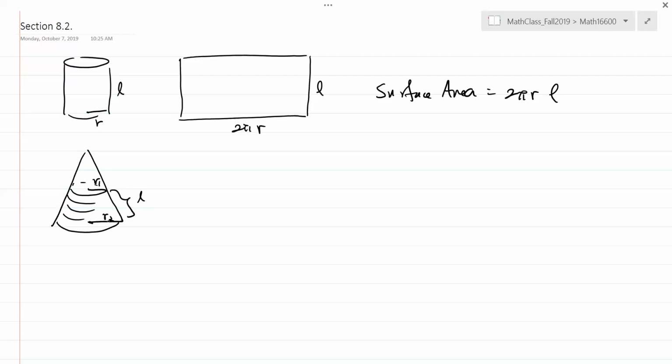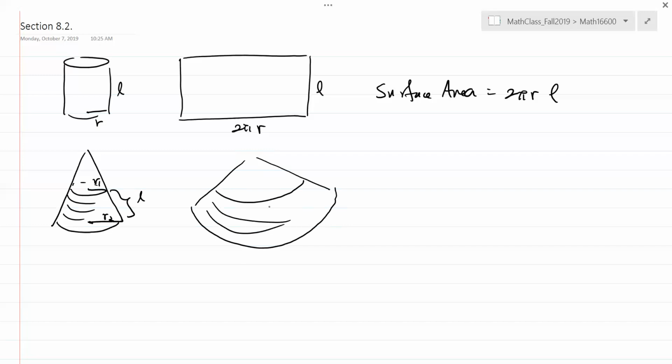I'm not going to derive the formula for you here. It takes too much time, but you should see the formula. If you cut the cone and open it, how does it look? I think it looks like that. It's a sector.